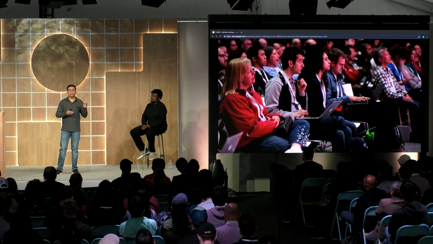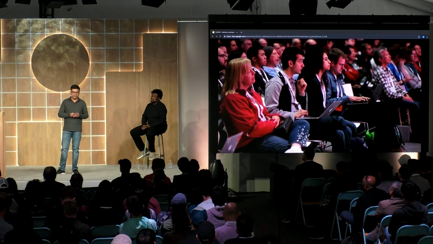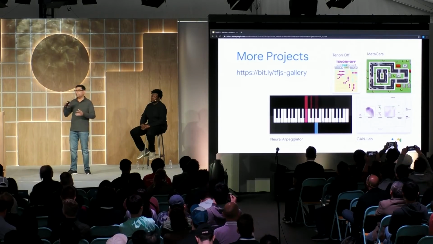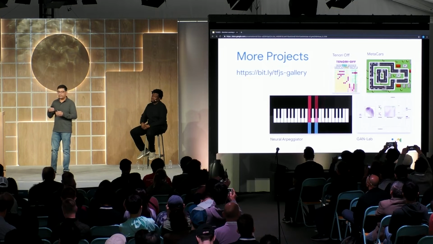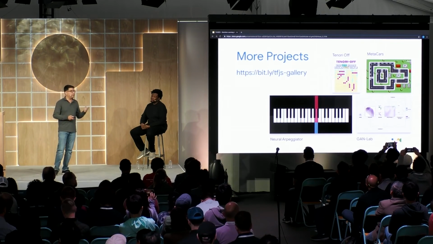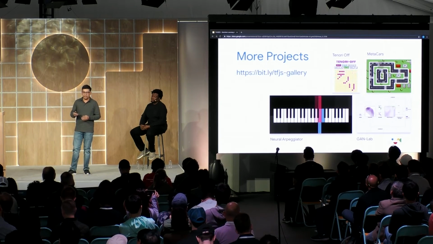So we saw a bunch of examples. Just want to quickly show you that the community has been building some really interesting applications and use cases beyond all the examples that I've shown you so far. And for those of you in the audience who have been using TensorFlow.js, a big thank you. We have a collection of these examples that you can check out on our gallery page, which are extending TensorFlow.js and using it for things like reinforcement learning for that self-driving car example, or generative models, and a variety of other interesting applications.